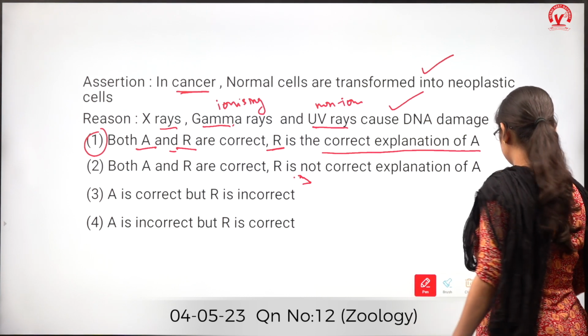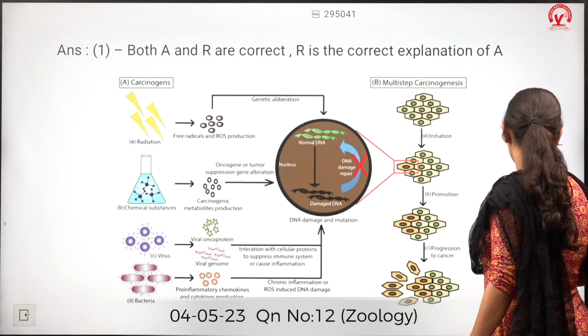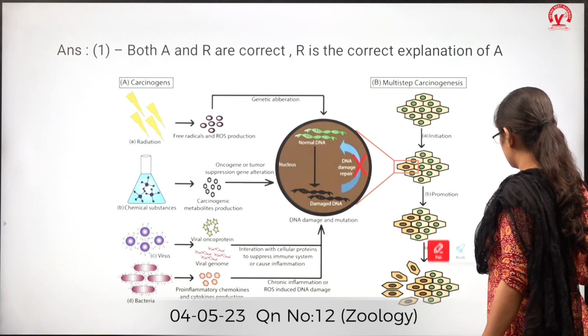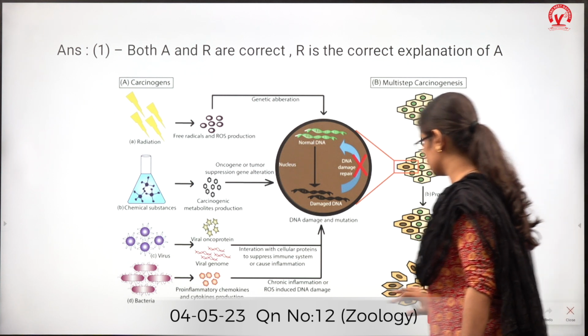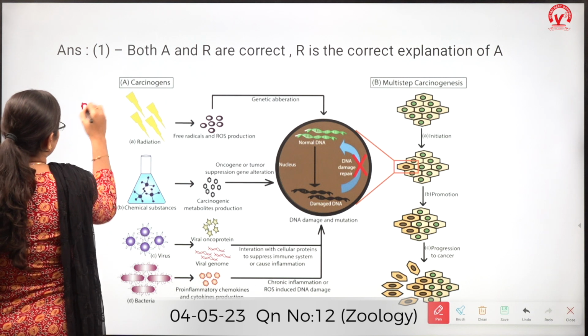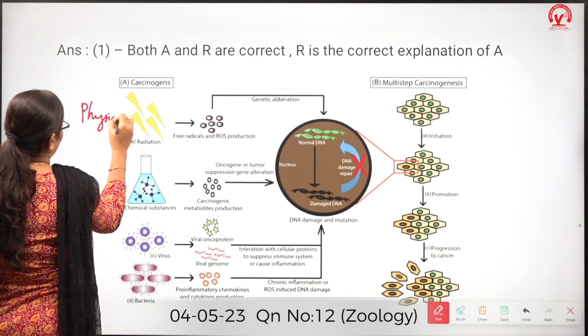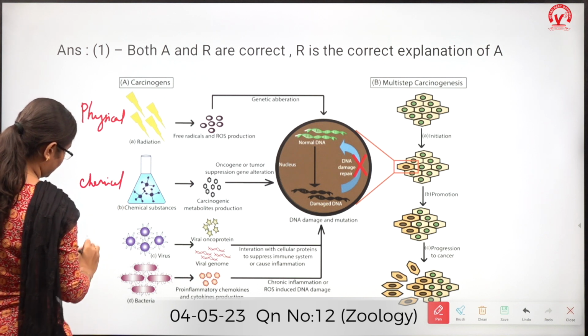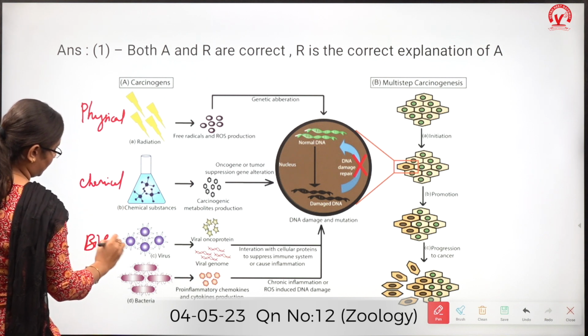So here we can see that the causative agents of cancer are divided into 3 types: the physical agents, chemical agents, and the biological agents.